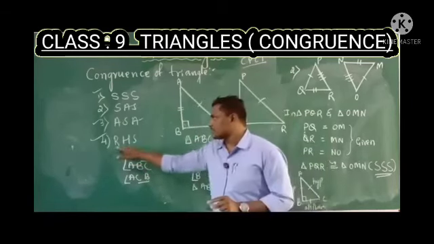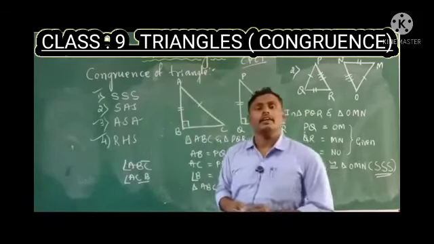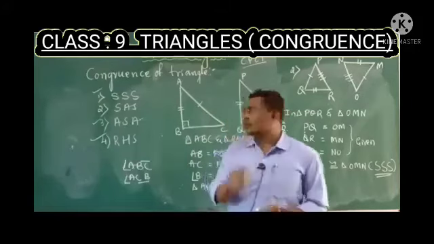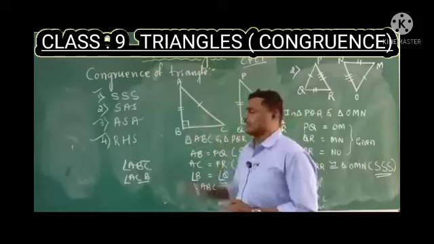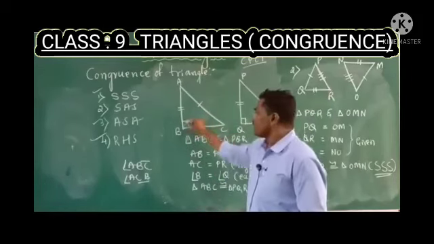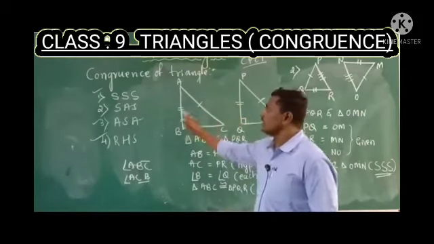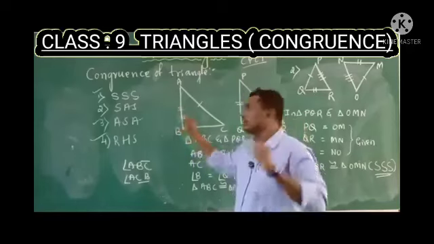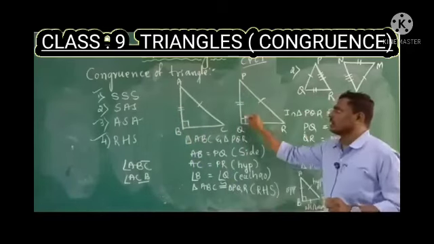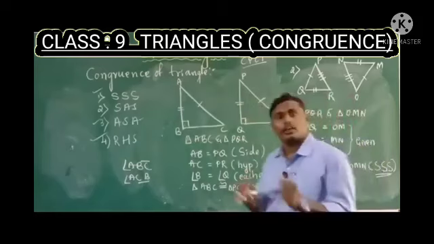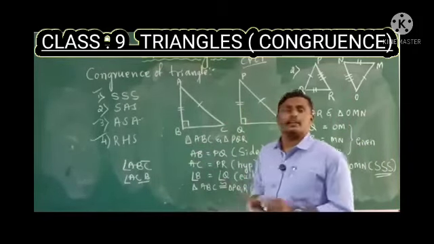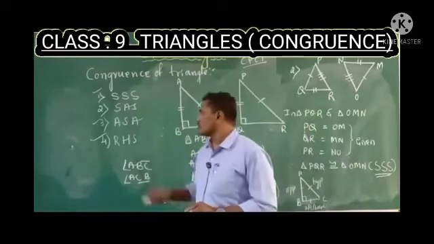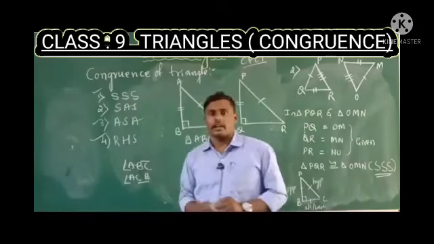This criteria is specially used for right angle triangles. In two right angle triangles, as we already discussed, if the right angle, hypotenuse and a side of one triangle are exactly equal to the right angle, hypotenuse and side of the other triangle, then the given two triangles are congruent by using the RHS criteria.